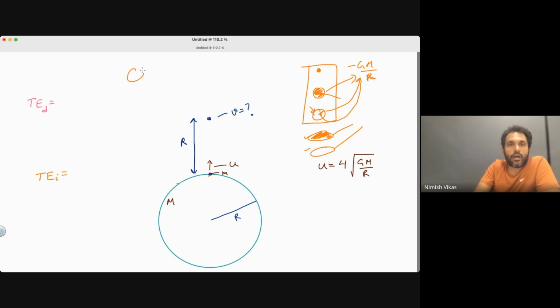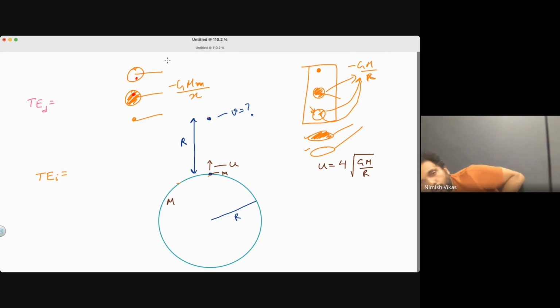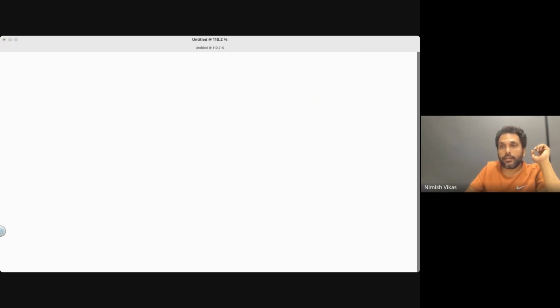Luckily, if you are outside a hollow sphere, outside a solid sphere, or away from a point, the formula is the same: minus GMm by how much away you are, x away. But as soon as you go inside, the formulas change. So only 2 extra formulas you need to know, and you are good to go for most entrance exams. Is that clear? Then for advanced, you should know the derivation of those formulas. That's the advanced stuff.